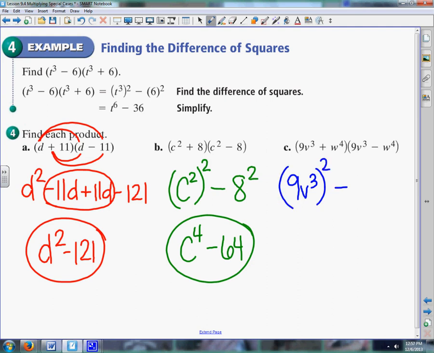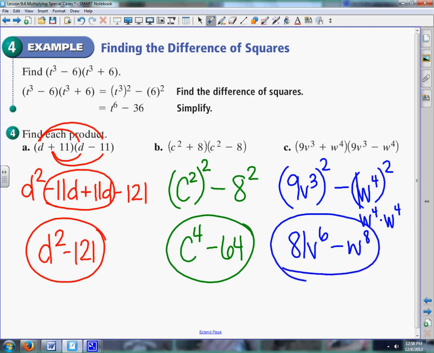And then I'm going to minus w to the 4th squared. And remember, we just did this in the previous chapter where we had an exponent to an exponent. So 9 squared is 81. V to the 3rd, if I want to do that twice, that's v to the 6th. Minus w to the 4th twice would be w to the 4th times w to the 4th. So that would be w to the 8th. So 81 v to the 6th minus w to the 8th.